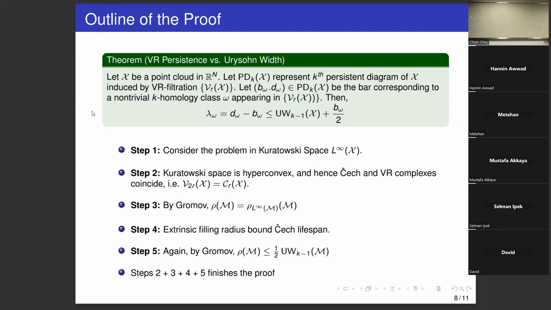You can carry everything to the Kuratowski space, and it becomes Čech persistence in Kuratowski space. When you do that, in the Kuratowski space, the Vietoris-Rips persistence is exactly the same as the Čech persistence. Why? Because Kuratowski space is hyperconvex.